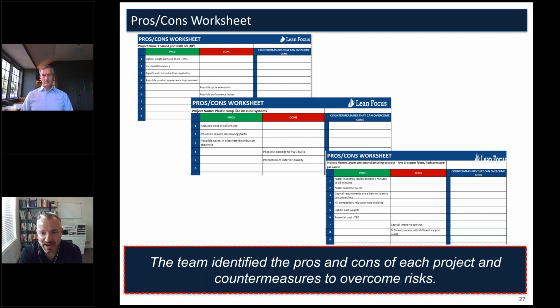But many of the ideas are actually trade-offs where if you do A, then you couldn't do B, or if you do A and B, you couldn't do C. So we're trying to organize all of that into pros and cons worksheets where like for like ideas are bundled into project scoped proposals that will be written up as consolidated proposals in the next phase. And then those consolidated proposals are weighed in terms of the benefits, pros and cons. And then more importantly, what we would have to do is countermeasures to overcome those risks or those cons to those specific project proposals. So we're refining these even further.